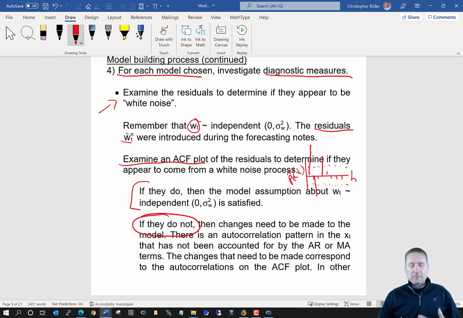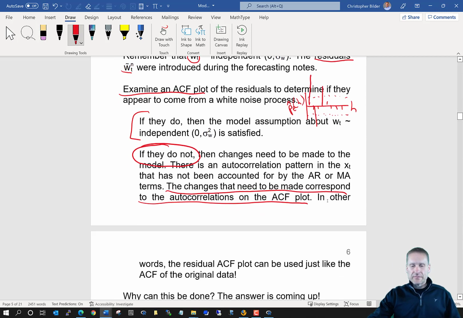So changes need to be made to my model because my model is not doing a good job. What changes do you make? The changes correspond to the autocorrelations of the ACF. Similar to when we were looking at an ACF plot of x_t itself, when we look for patterns in that plot, we are going to do the same thing here. Those patterns will tell us what changes need to be made to the model. More on that shortly.